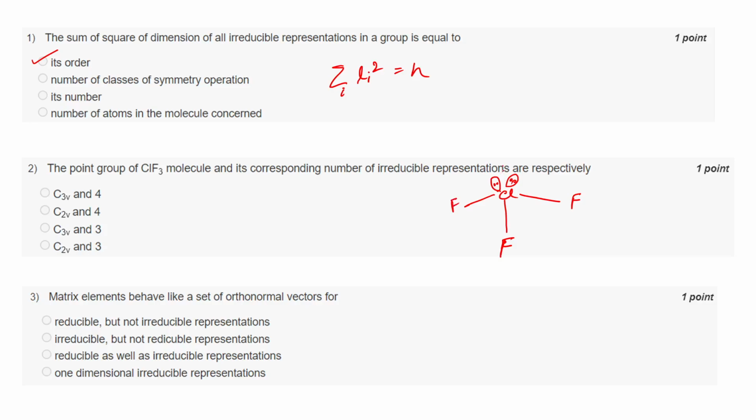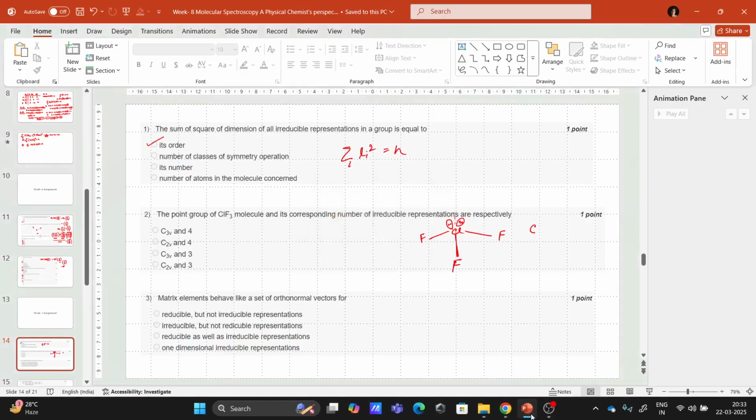Now you can have a C2 along this, right? It will become this and like this, and these sigma v's are along the individual fluorines. I don't think they have three sigma v's, only two, right?